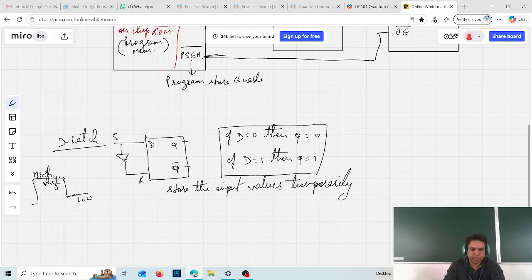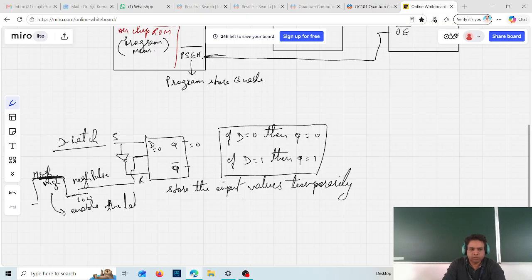I give a high pulse signal, which is high for this duration and low for this duration. At that moment only, if you are giving D as 0, and at the same time this external pulse signal is high, then only your Q will be 0. So this high pulse is to enable the latch.